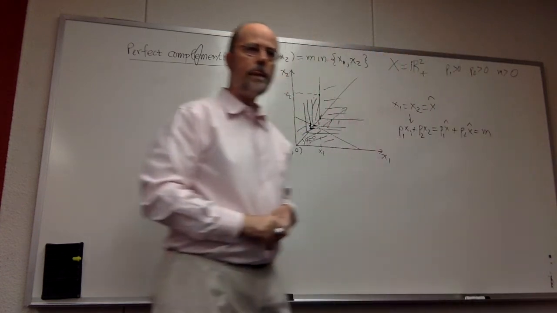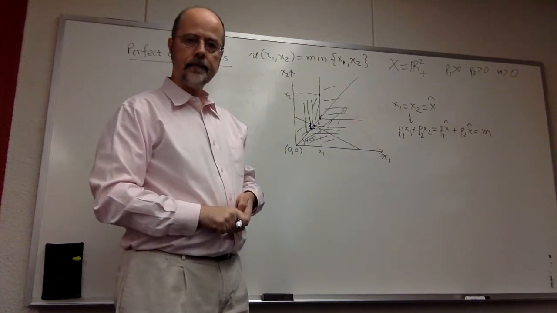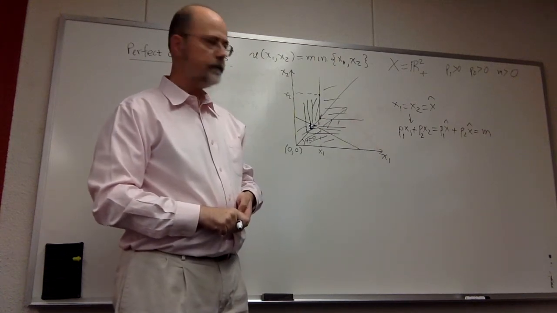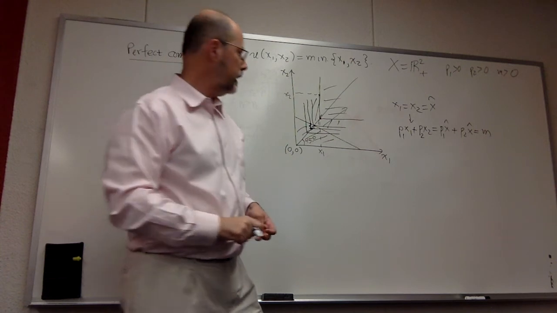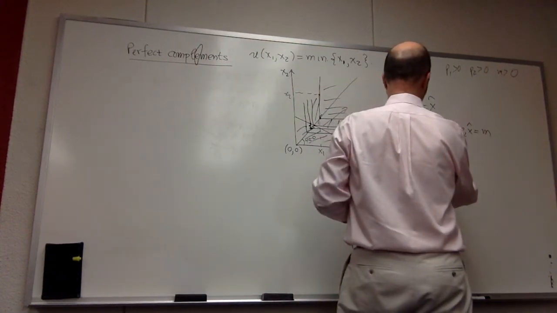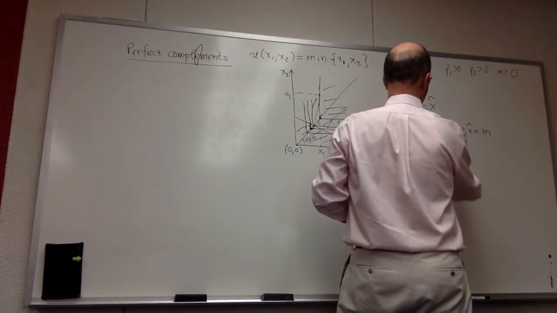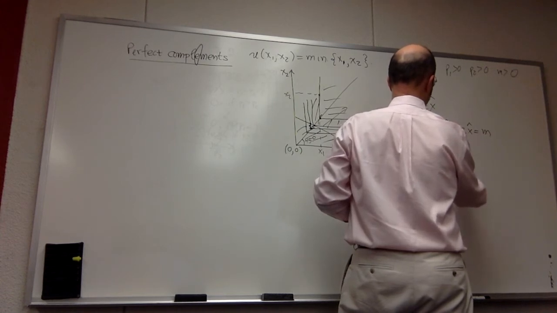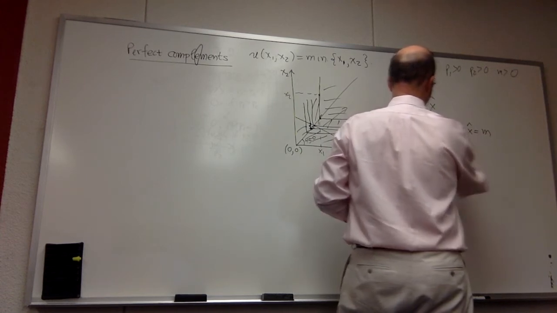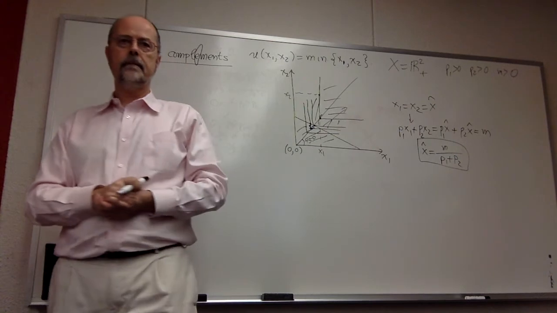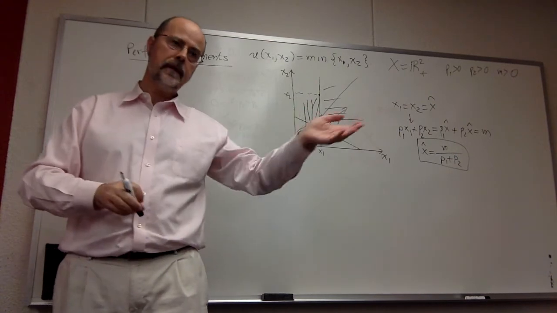And then you get x hat equals m divided by p1 plus p2. Right? So that's for x1 and for x2.